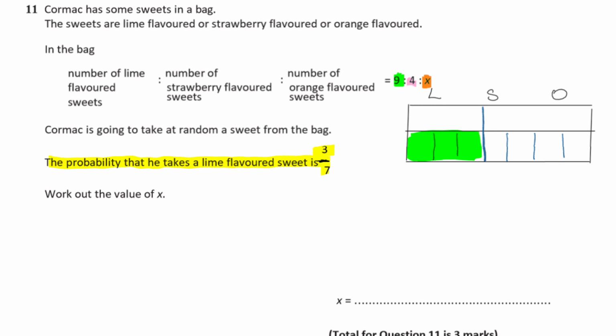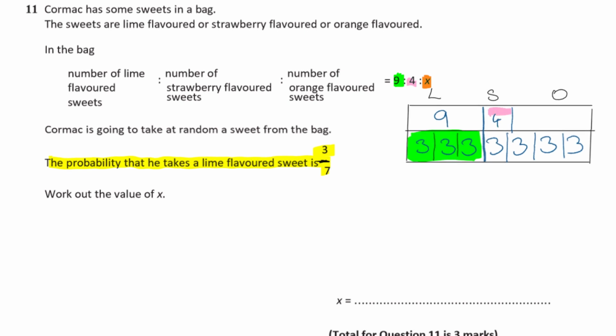So if this lime section here is 9, then each one of these is going to have to be worth 3, 3, 3, 3. And then all of these are going to have to be worth 3 as well, because they're all the same fraction. So that means there must be 9 altogether for lime, and there must be 12 altogether to share between strawberry and orange. But we know there's going to be 4 strawberry, because it's given in the question.